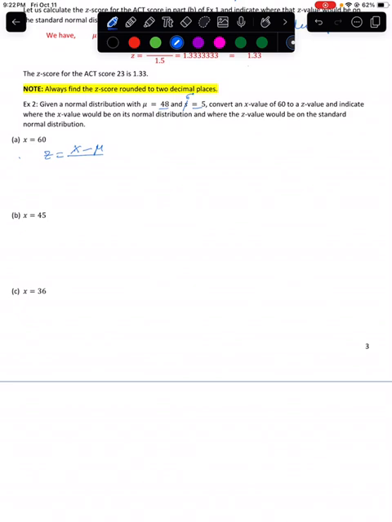So x is 60, mu is 48, and standard deviation sigma is 5. Now I take out my calculator and we calculate this value, which comes out to be, maybe you can try it faster than me.